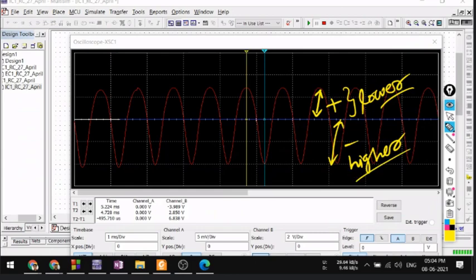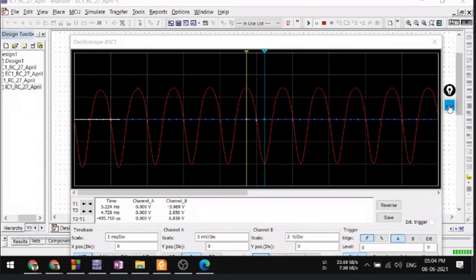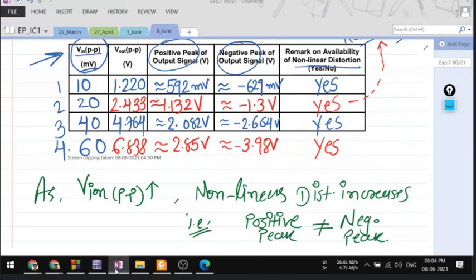So why does this happen, student? This happens due to dynamic emitter resistance, RE dash. Now here, what is the equation of your gain?